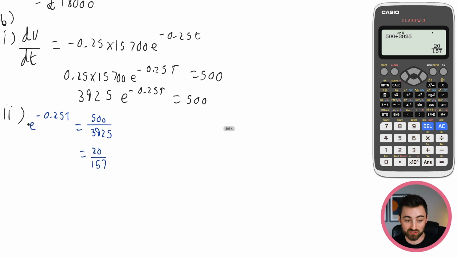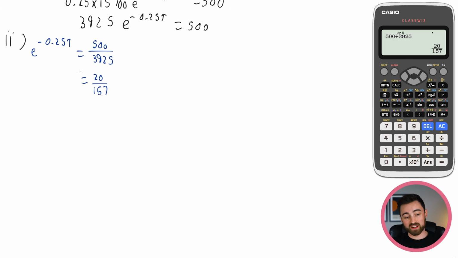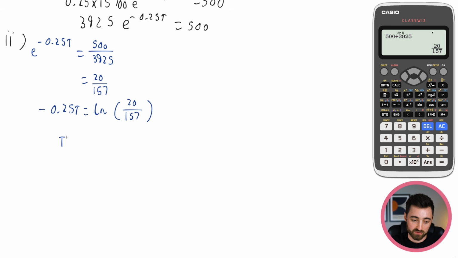I need to take the natural logarithm. So natural logarithm and e just perfectly cancel each other out. So I'm going to be left with minus 0.25t equals the natural log of 20 over 157. Therefore, t is going to equal ln of 20 over 157 divided by minus 0.25.